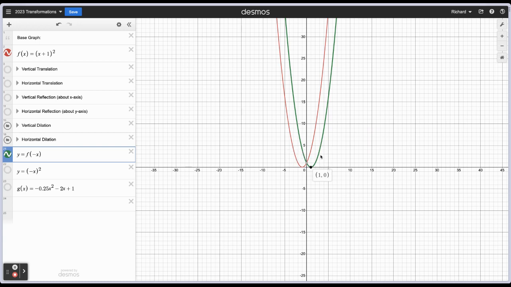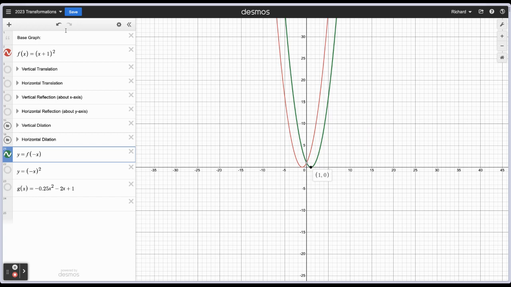So when it's in the middle, like so, doing a horizontal reflection, a reflection about the y-axis, doesn't do anything at all. But if we reflect something a little bit more tricky, then it definitely can move the function. We'll talk more about that when we get to reflection examples, though.